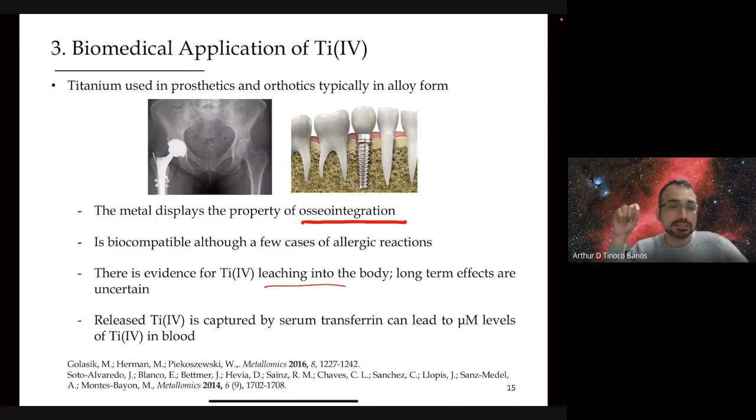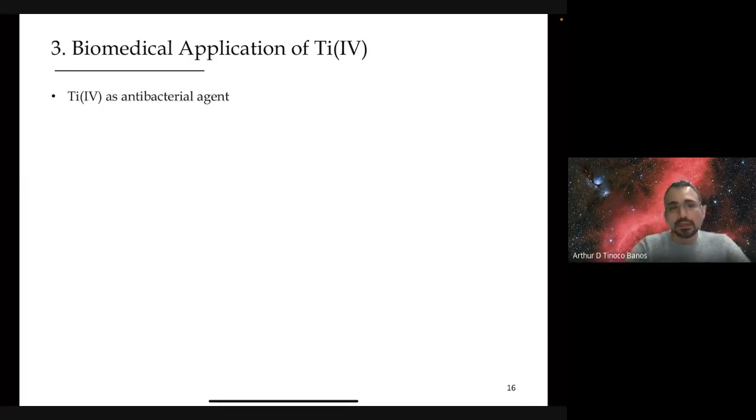And so the titanium that is released in soluble form is captured by serum transferrin, and that interaction of serum transferrin binding that metal can lead to levels of titanium reaching as high as low micromolar in the blood.